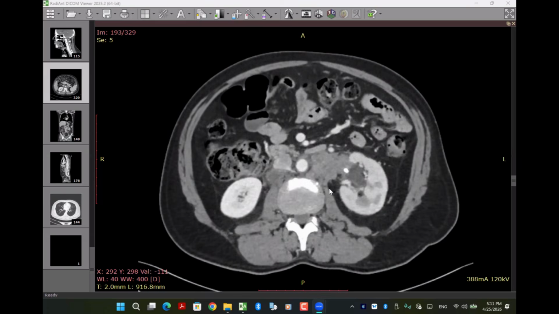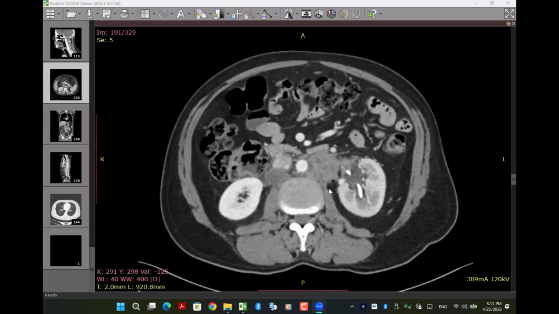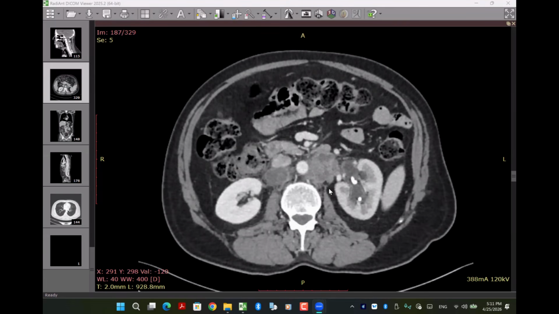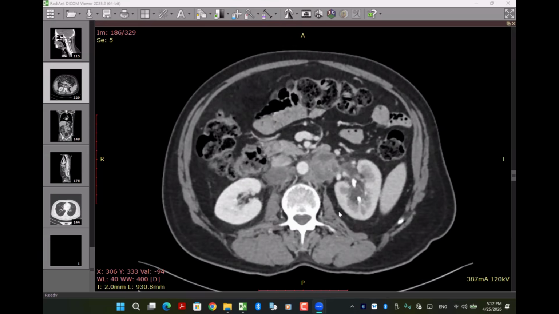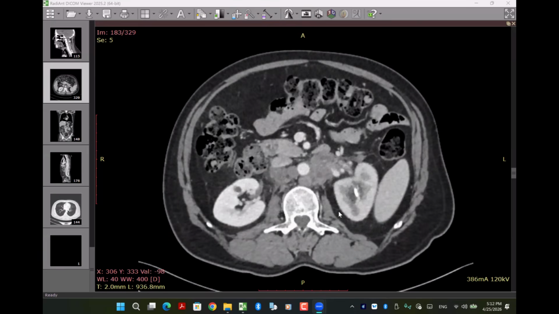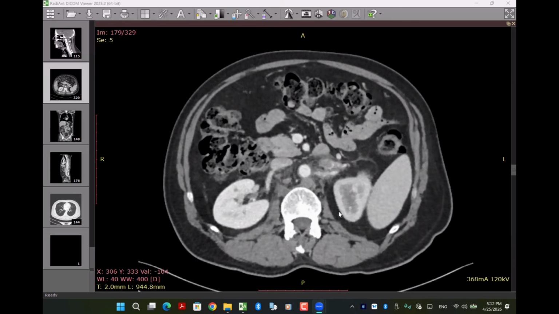There's another similar lesion posterior to the inferior vena cava, which is displaced anteriorly by the lesion.